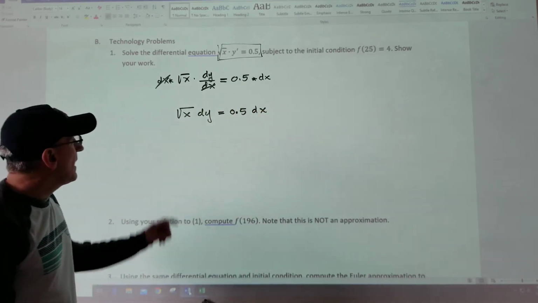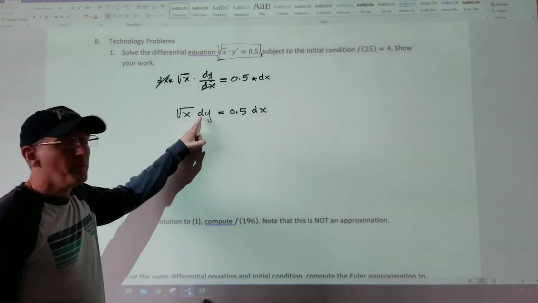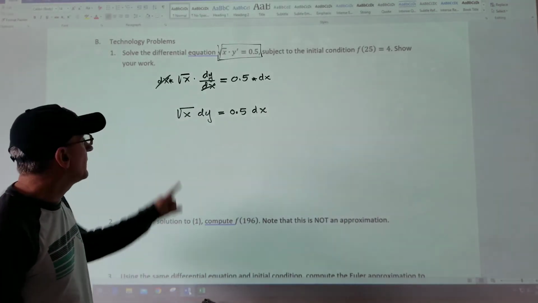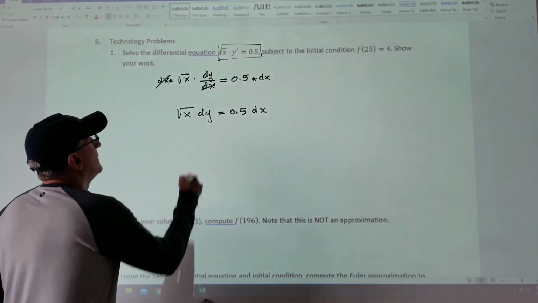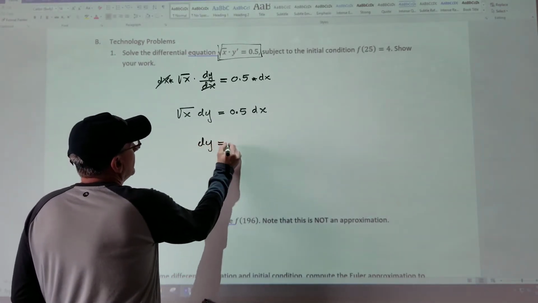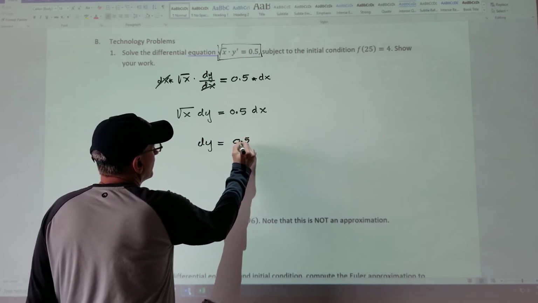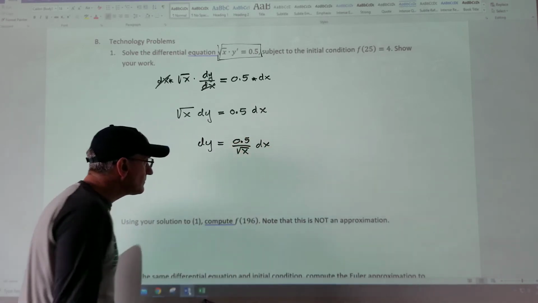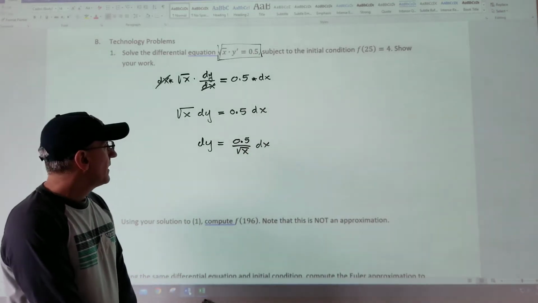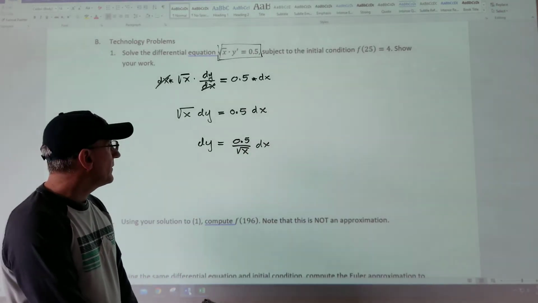And yet we still have a y differential mixed with an x variable. So we want the square root of x to go away, and of course, to do that, you just divide. That's going to look like this. And now it's separated, and it's ready for us to do antiderivatives.